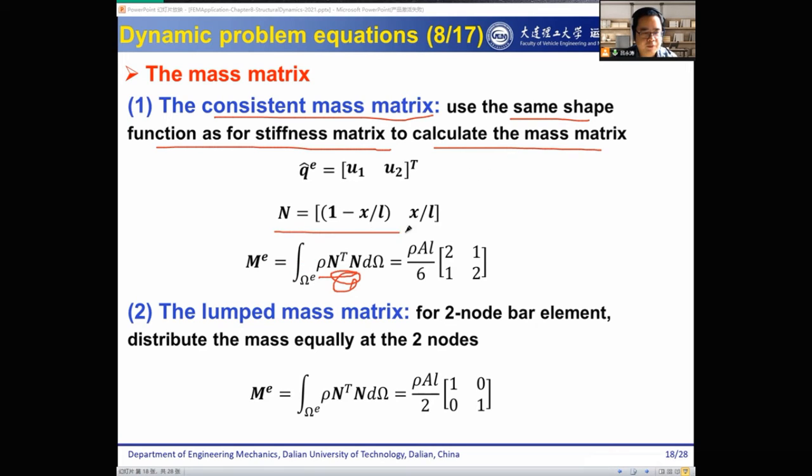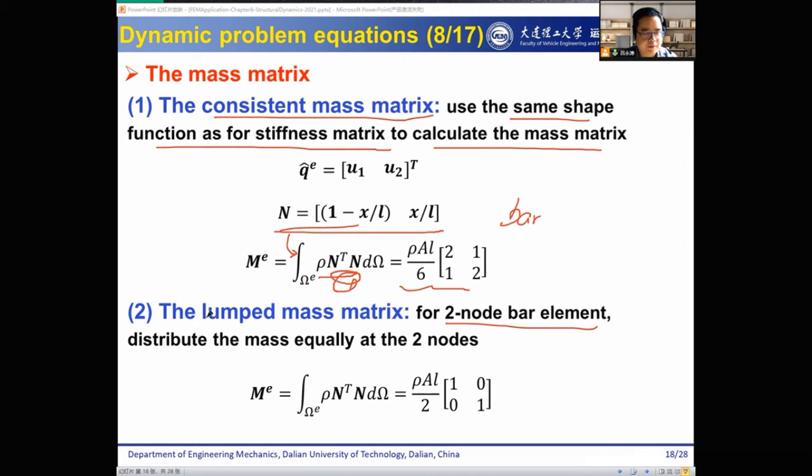This is for the bar element, so this is the shape function for the two-node bar element. Then we can use this to calculate the corresponding mass matrix, and we get those answers.